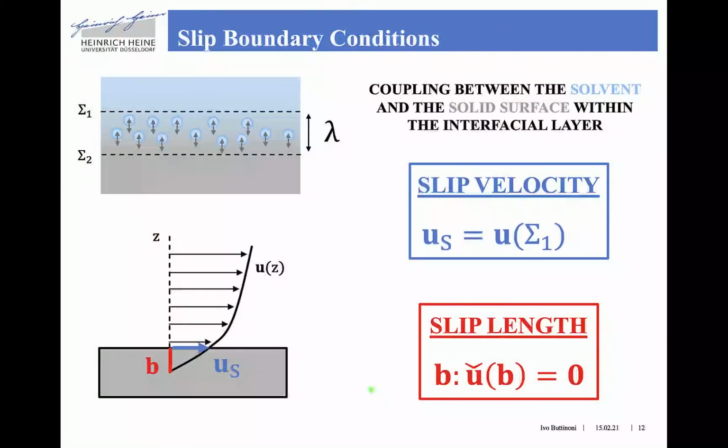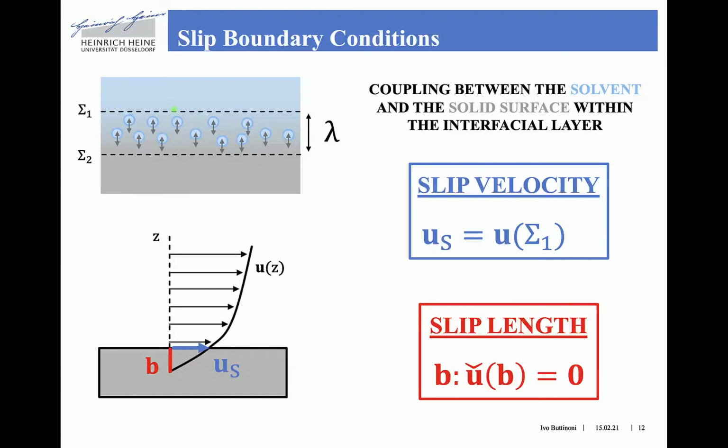In particular, the coupling between the solvent and the solid surface in the interfacial layers prompts us to introduce the definition of a slip velocity, which is the fluid velocity at the outer bound of this interfacial layer, across this surface sigma 1.